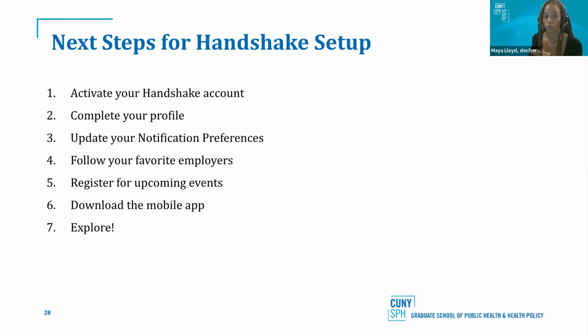You want to complete your profile, update your notification preferences, and make sure you are getting emails. Follow your favorite employers, including CUNY SPH. Register for any upcoming career events. You can see the events through the Handshake account, or you can go through the calendar invite that Abby dropped in the chat earlier on, and we'll also provide that after the event.